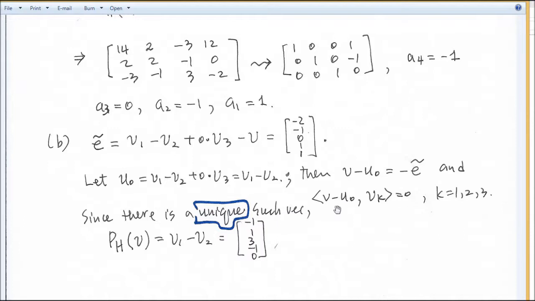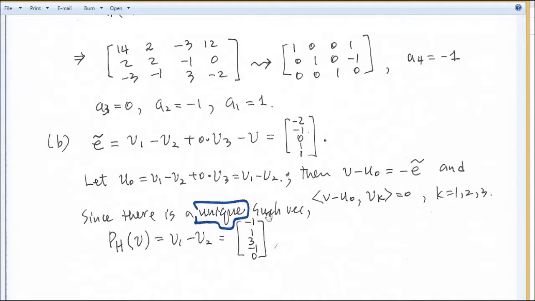So I guarantee that this v minus u0, if I set this thing u0, this condition is satisfied. Does that make sense? If I set this one as u0, v minus u0 is always perpendicular to everything in H. Therefore, that u0 must be the projection, because there was one and only one vector that has this property, right?